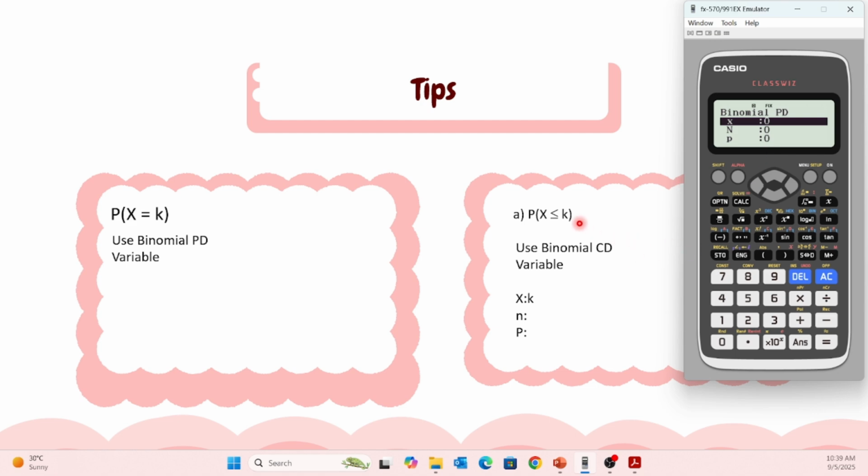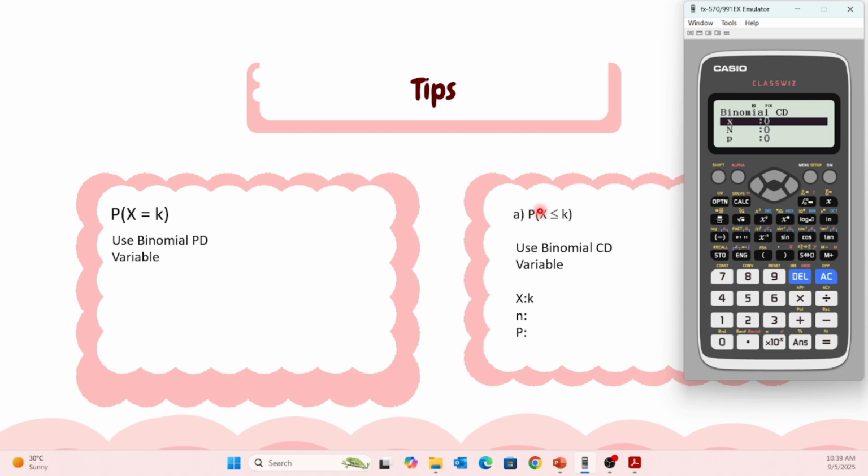If you want to find the probability of X less than or equal to K, then we use binomial CD. Again, list will list down the cumulative distribution. If we use variable, remember the area for this calculator is the left tail area.